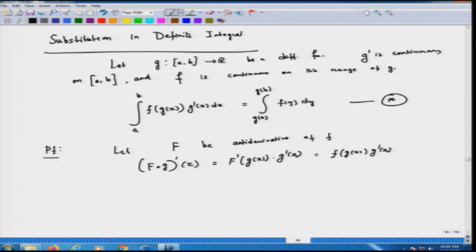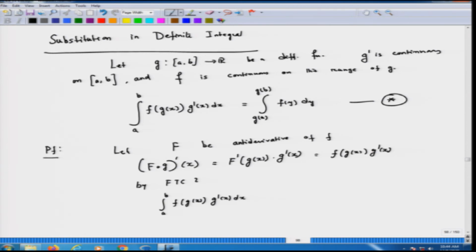So, therefore, by the fundamental theorem, and this is a continuous function, and so by the fundamental theorem of calculus, what we are going to get is the integral from a to b of f of g of x times g prime of x dx.